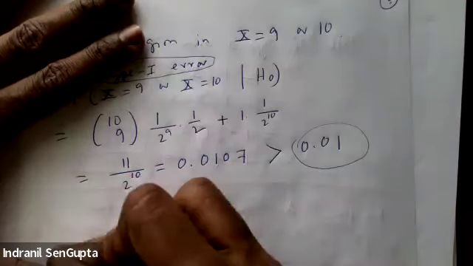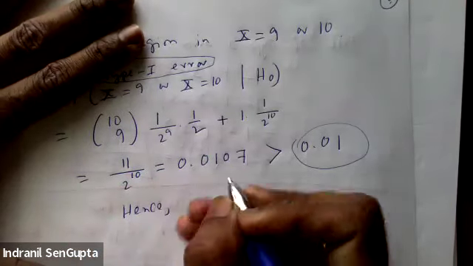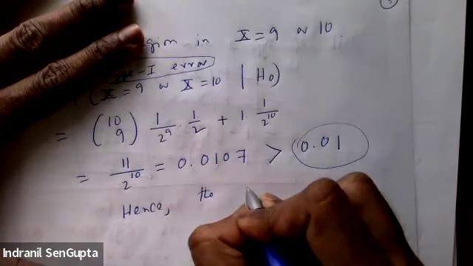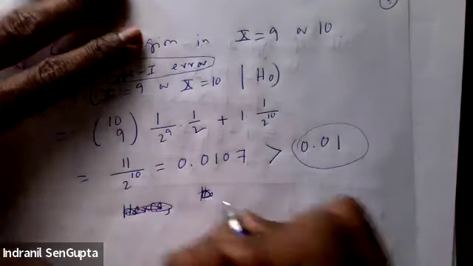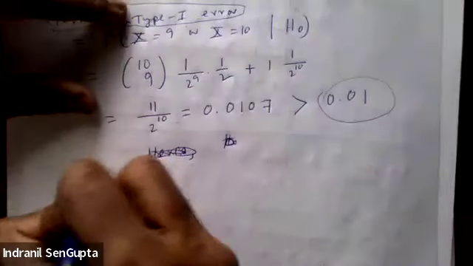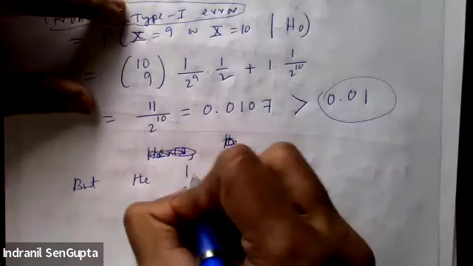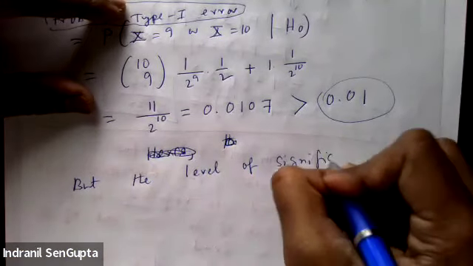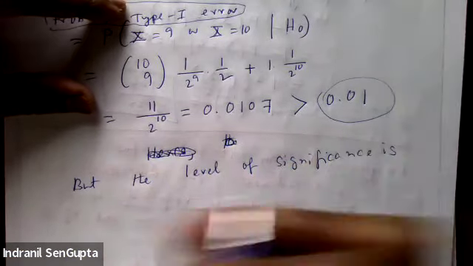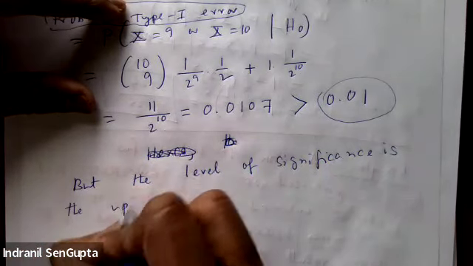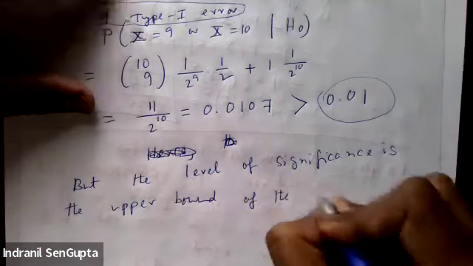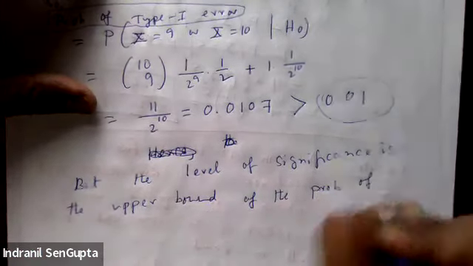And hence, well, let me just write the reasoning too. The level of significance is the upper bound of the probability of type 1 error.